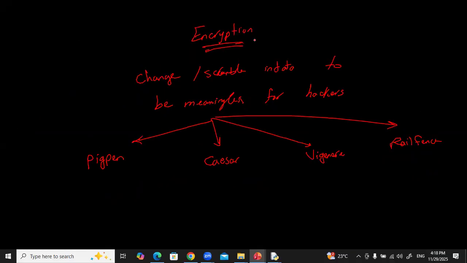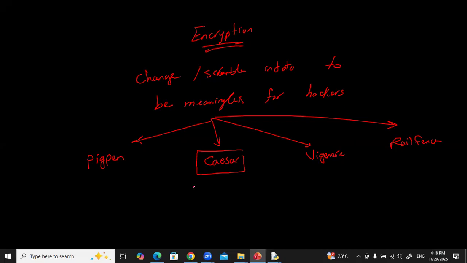We have different ways of encryption, which are Big Pen, Caesar, Vigenère, and Rail Fence. What is Caesar, which we can find in our exam? Caesar cipher: we make a shift with a fixed number.